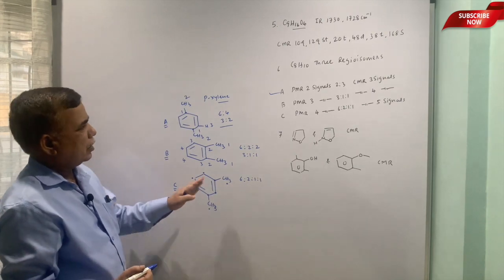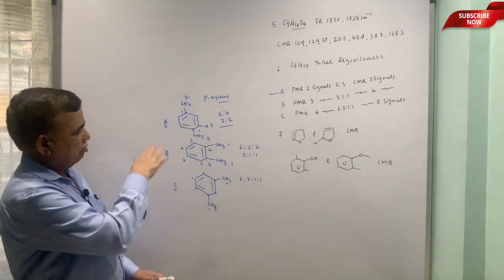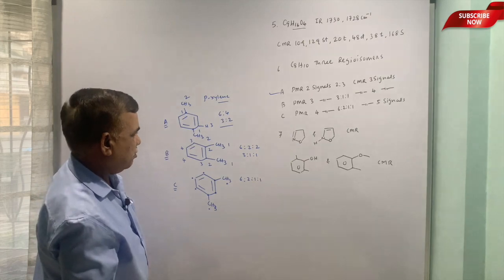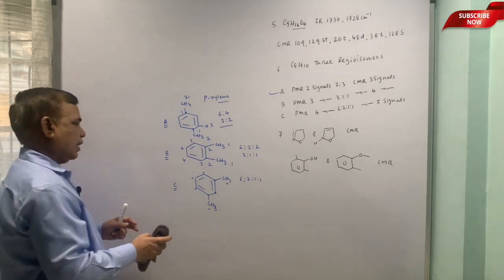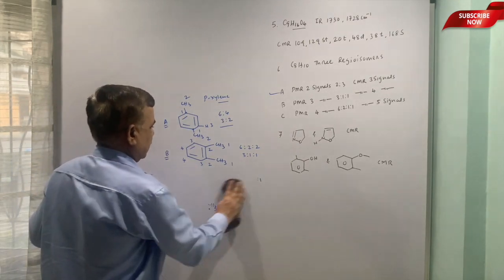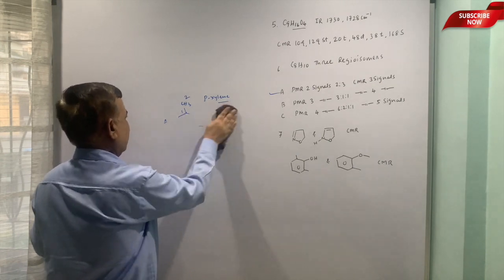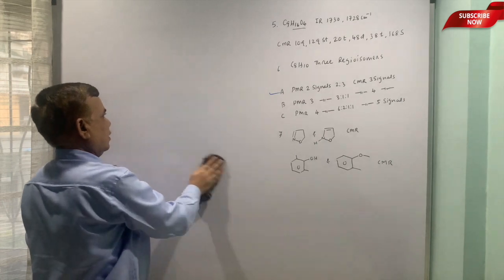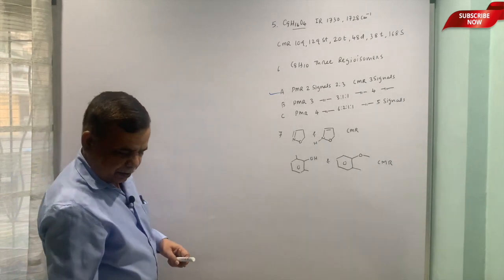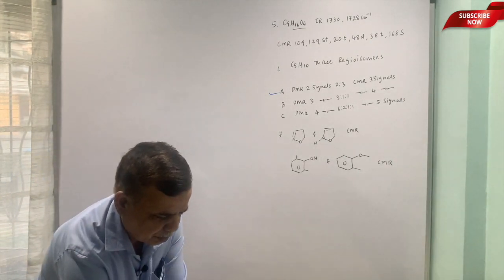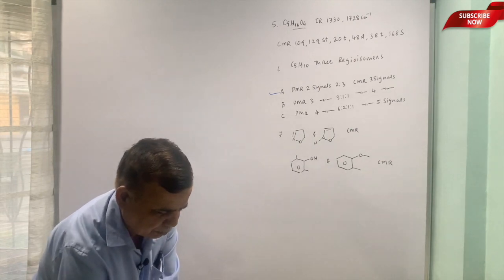So, this is C. So, para, then ortho, and then meta xylenes, they are the compounds or they are the regioisomers of C8H10 structure, or C8H10 formula, you can say.